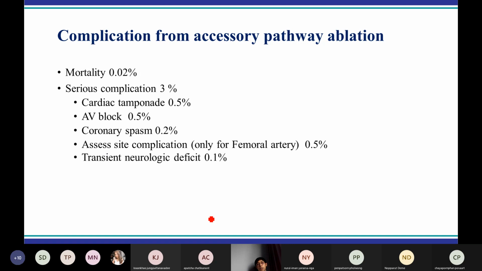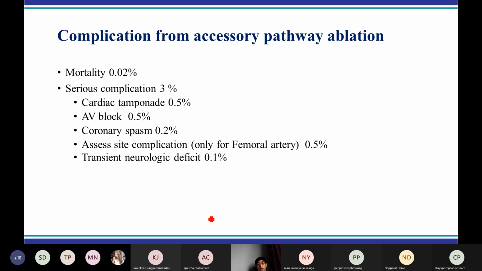These are the complications of ablation of accessory pathway. There is some mortality around 0.02%. 3% have serious complications such as cardiac tamponade, AV block, coronary spasm. And if you use the retrograde aortic approach, you have to puncture the femoral artery.